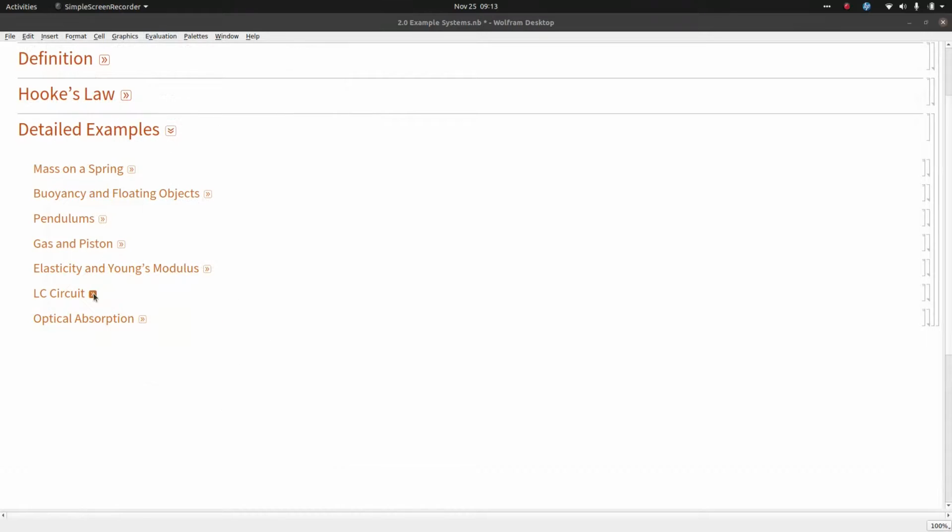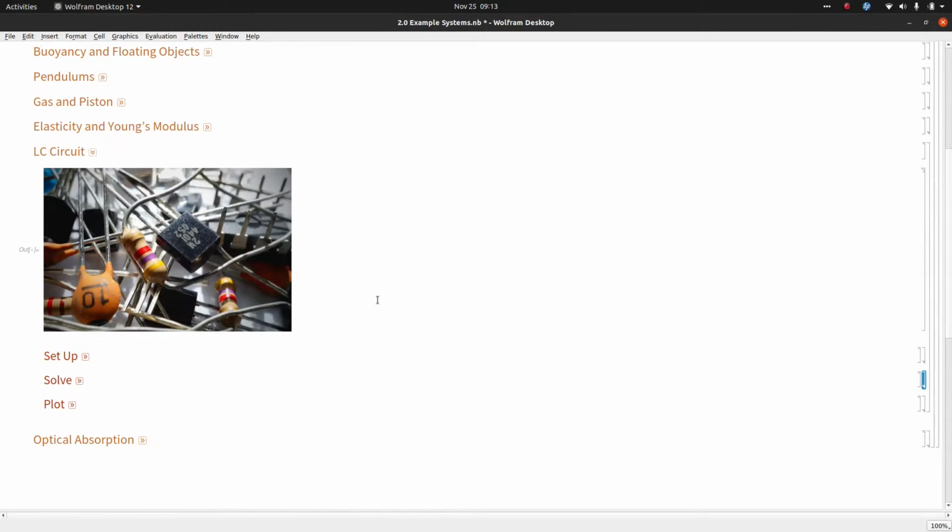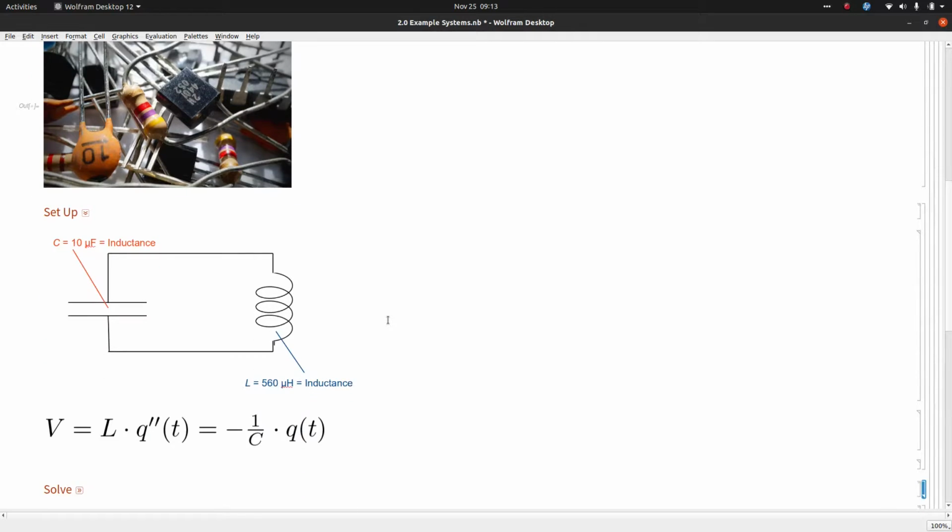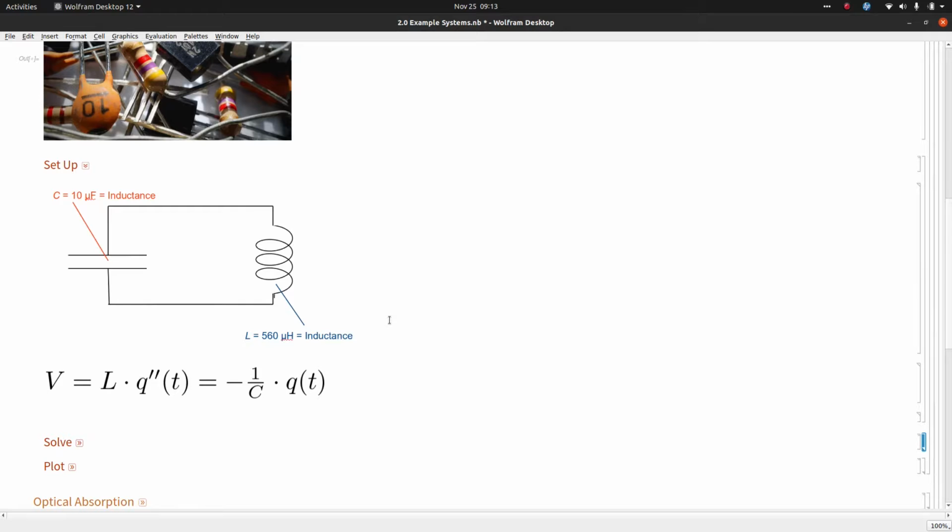Our next example is going to come from the electronics world. We're going to look at a simple LC circuit. If you've taken either an electronics course or a second semester physics course, you've probably done some simple circuits. In this case, we have a capacitor in series with an inductor.